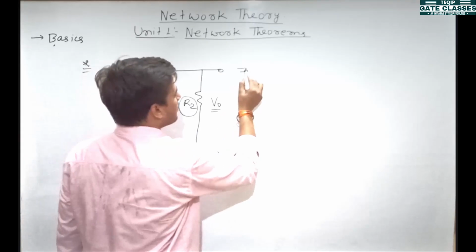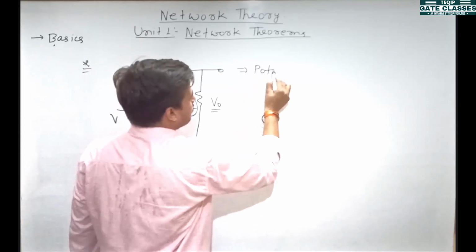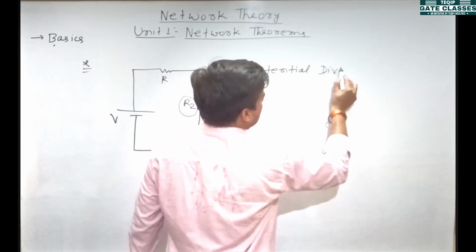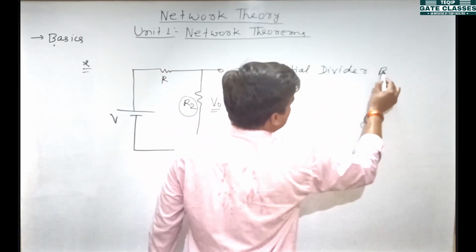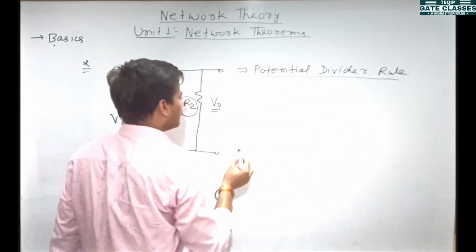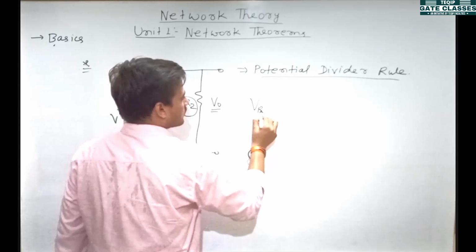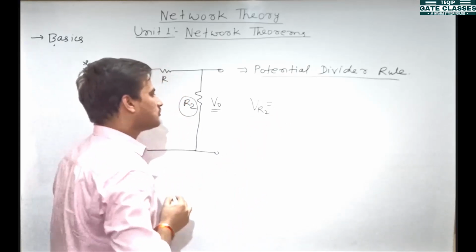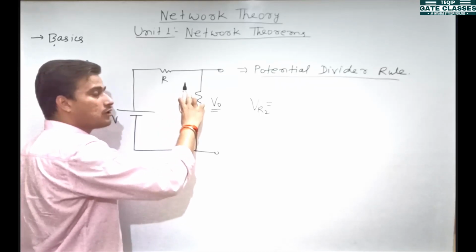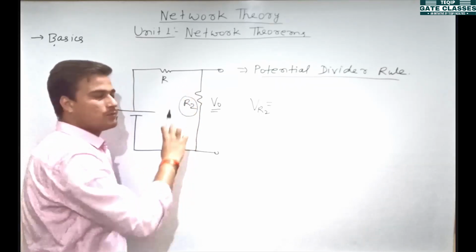You will have to apply the potential divider rule. If you apply the potential divider rule, you will write the voltage across R2, that is VR2. You know that the branch having more resistance will have more voltage drop. Clear?